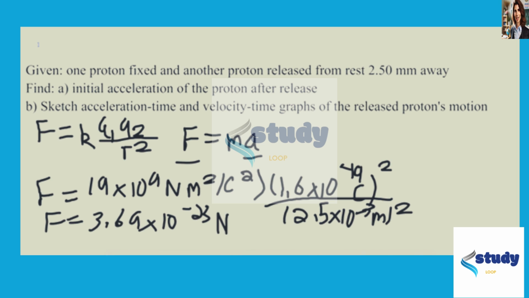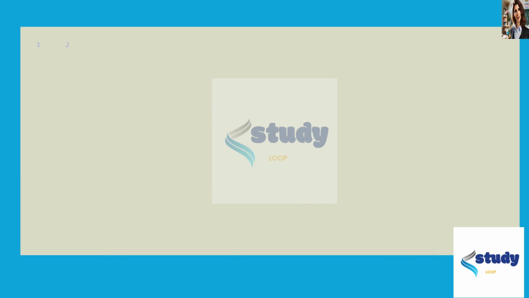And now we move on to F equals ma. Sorry about that. So now we have F equals ma. We're solving for acceleration. We rearrange: a equals F over mass.